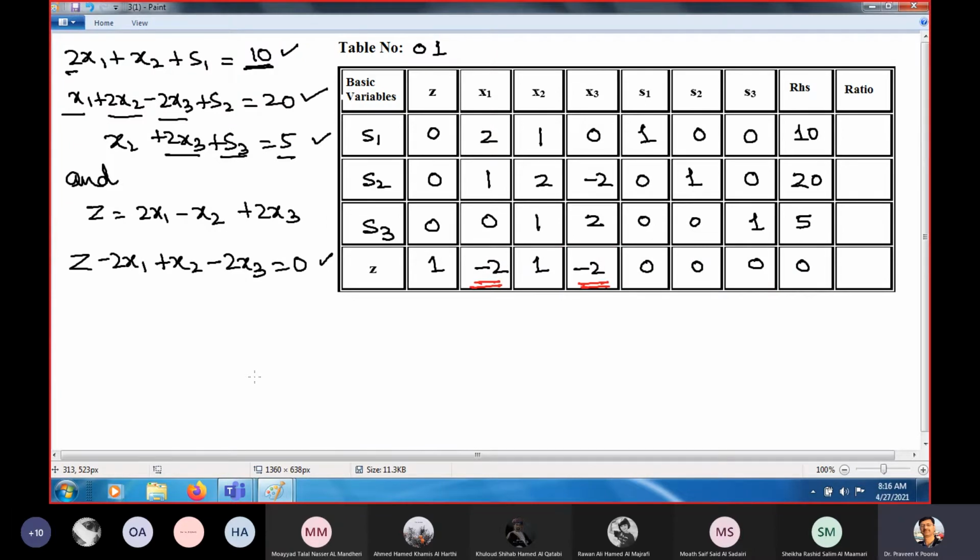You need to choose the minimum. But here both are the same. So dear friends, you can enter this one or this one. It is not a problem. It is up to you, because both the numbers are the same. So let us choose the first one.